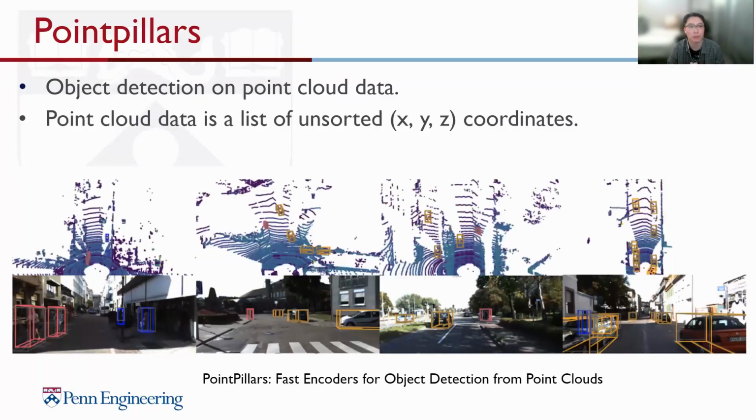The network we want to introduce is PointPillars. It's doing object detection on point cloud data. So point cloud data is a list of unsorted XYZ coordinates. They are points that the LiDAR detects inside the real environment. So as you can see here, these are PointPillars detection results.